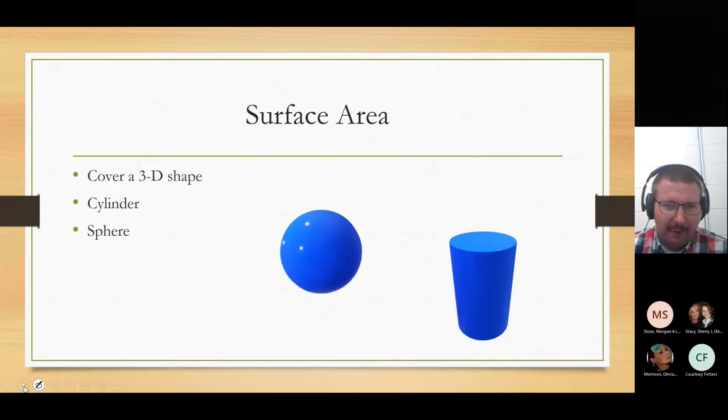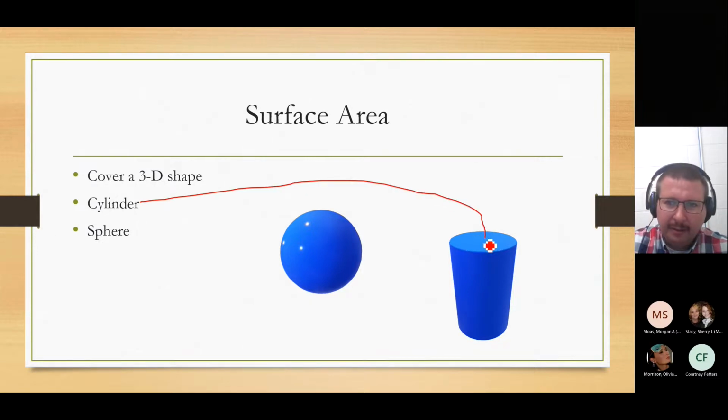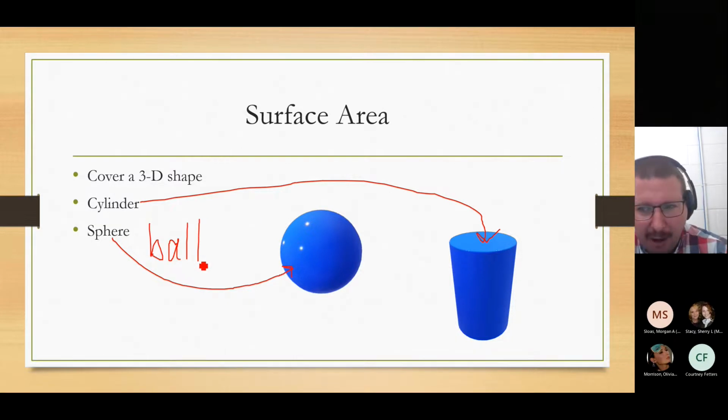That means surface area. There's like 6 formulas for surface area, but we will only be talking about 2 of them. The cylinder, which is a can, like a Campbell's soup can, and a sphere. You do not have to memorize how to say it, but a sphere means the exact same thing as a ball, a basketball, a softball, a beach ball.